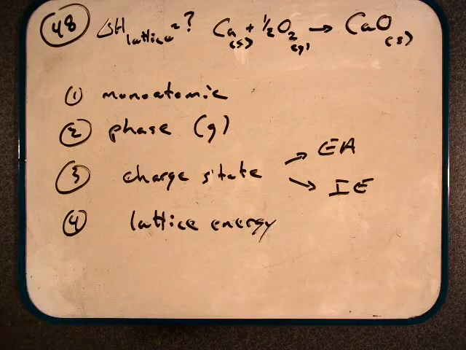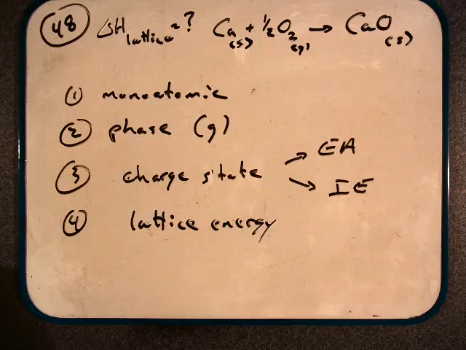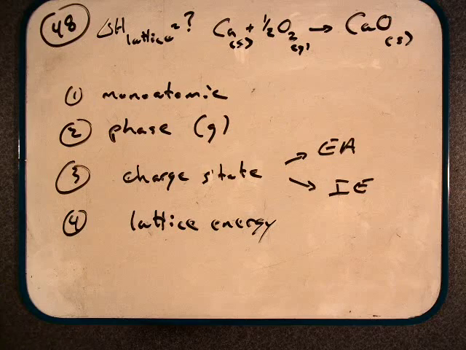So we have to put all these steps together. We have to get each of the elements monoatomic, we have to get them in the right gas phase, we have to get them in the right charge state, and then we can figure out the actual lattice energy.